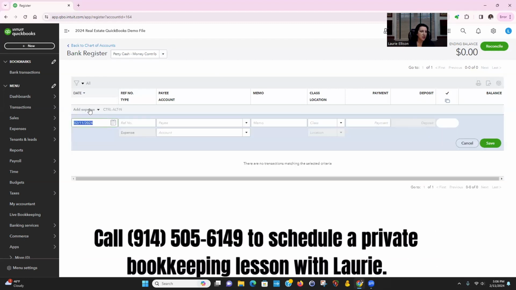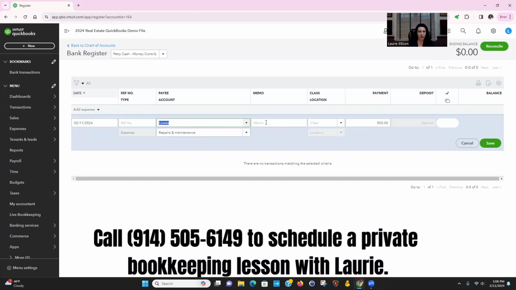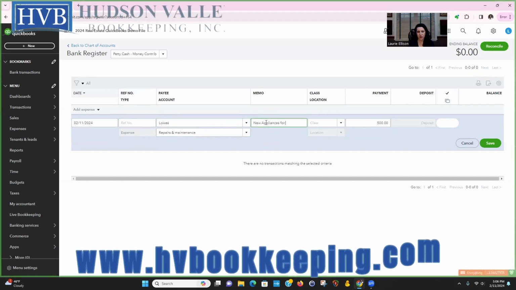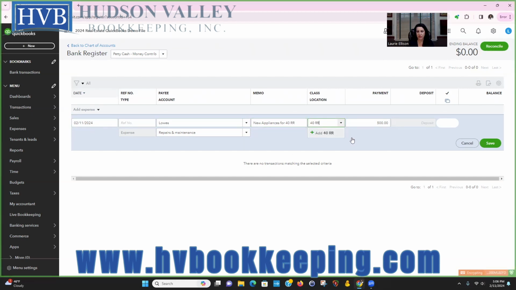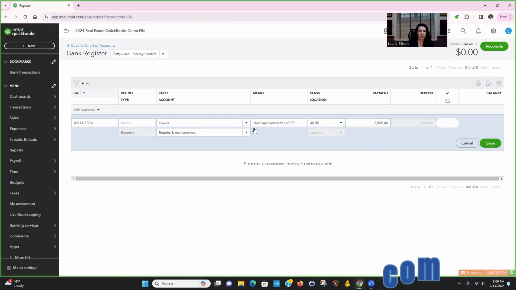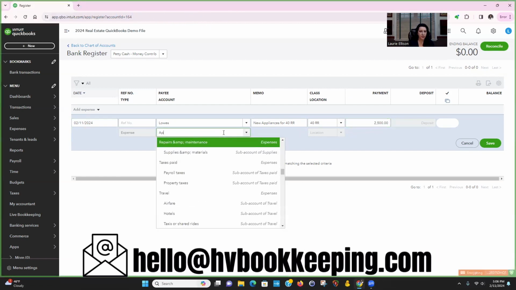So you would say here, add expense. Say we went to Lowe's. We say new appliances for 40 Railroad, right? Put a class on it. Let's say it was $2,500. That would be a fixed asset.